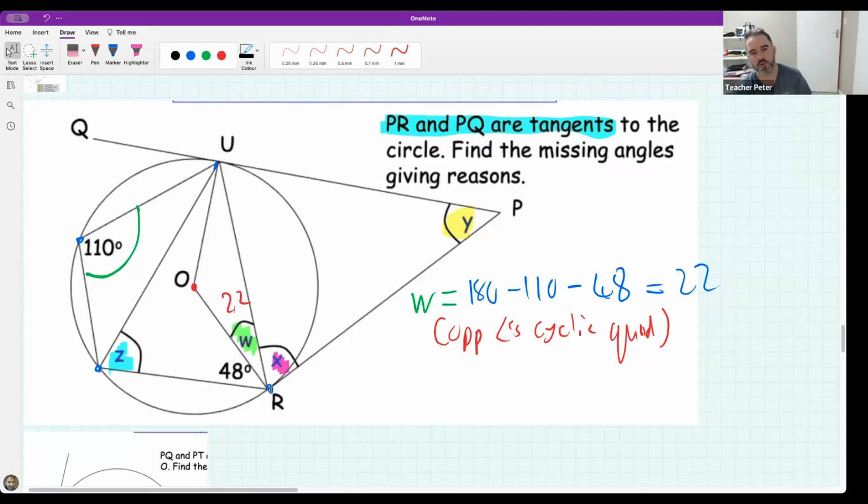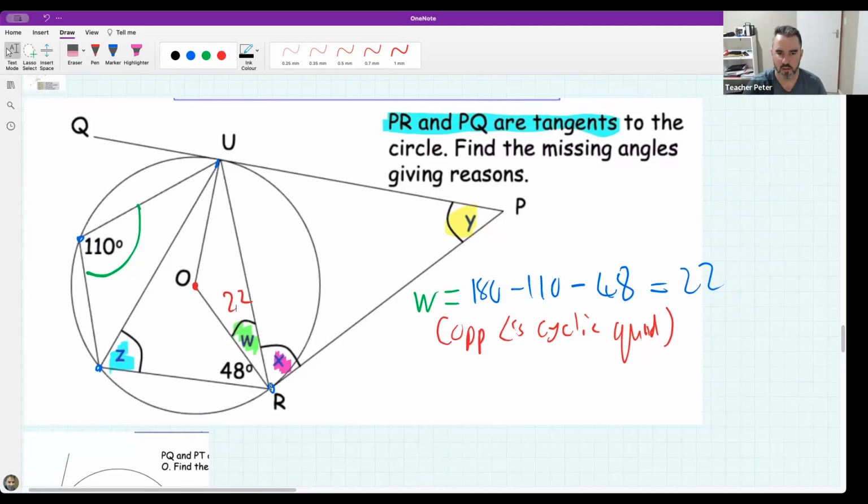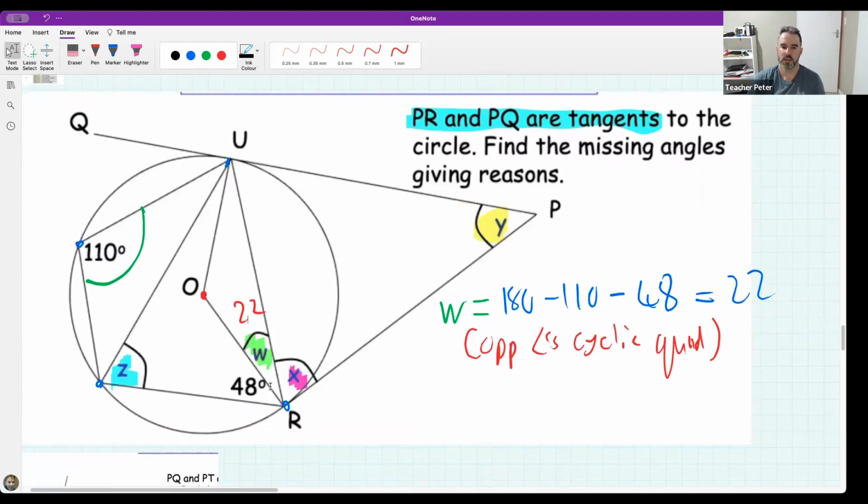Okay, where do we go next? Where do we go next? X, I agree. What theorem are we going to use to help us with X? It's a bit hidden, but there is a radius line and there is also a tangent line.